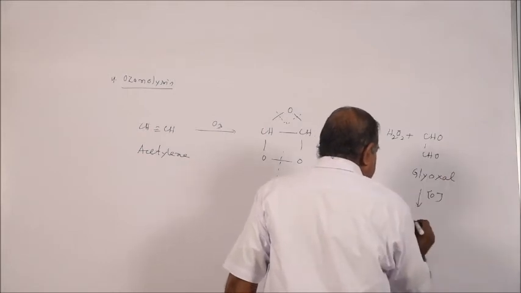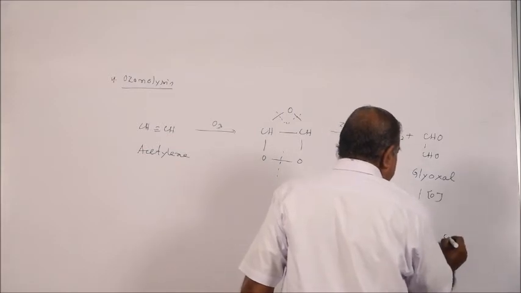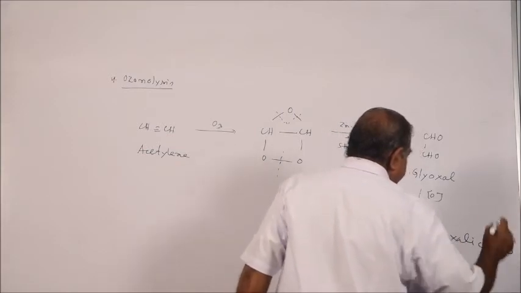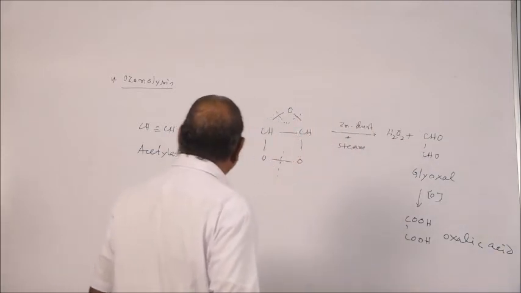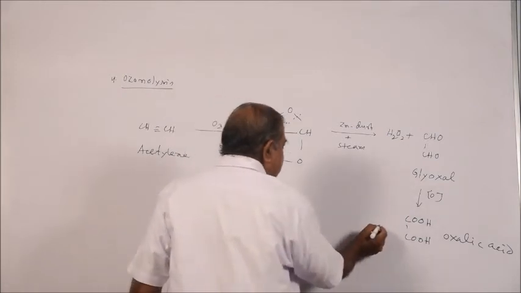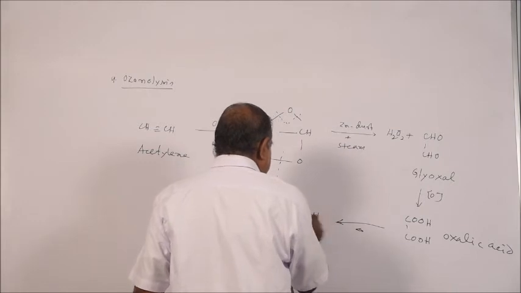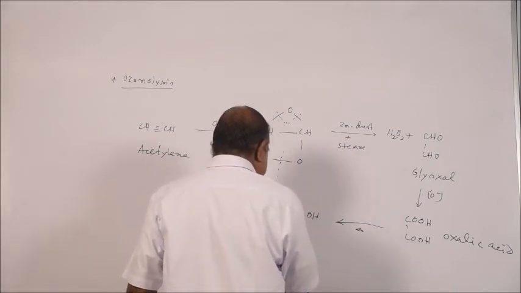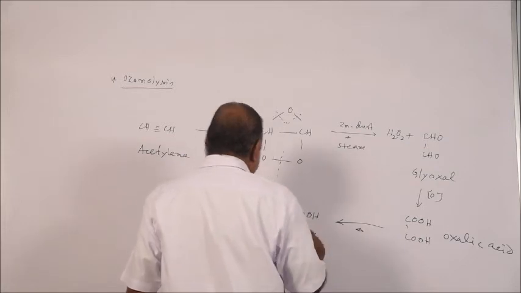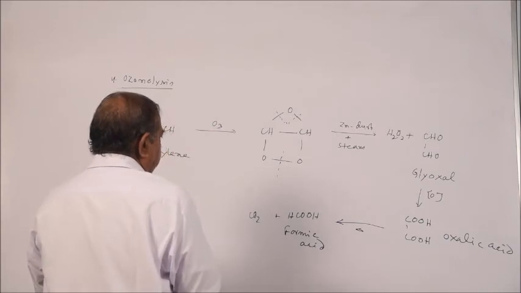This aldehyde oxidizes to a dicarboxylic acid. This is your oxalic acid. So, when acetylene is ozonolysed, you can get oxalic acid. However, this oxalic acid when heated can give you formic acid plus carbon dioxide. So, the yield is not good as far as ozonolysis of alkynes is concerned.